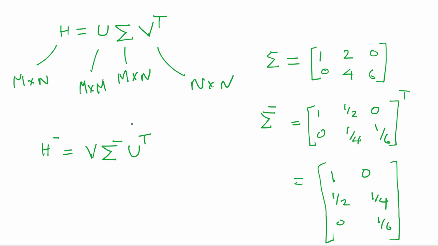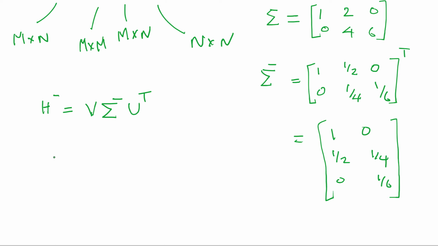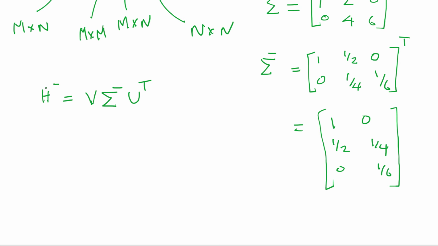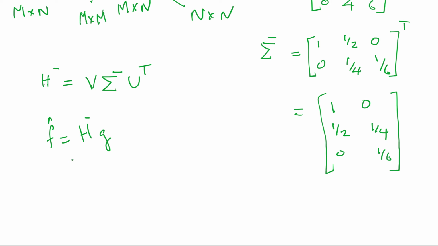Okay, so once you calculate all these values, whatever you get will be the pseudo inverse of the matrix H. Matrix H, we designate that as H inverse. So once you have the value of H inverse, or H pseudo inverse with you, then you can find the estimate for a given image, that is f hat equal to H pseudo inverse G. And we have seen the same equation in the previous video also.